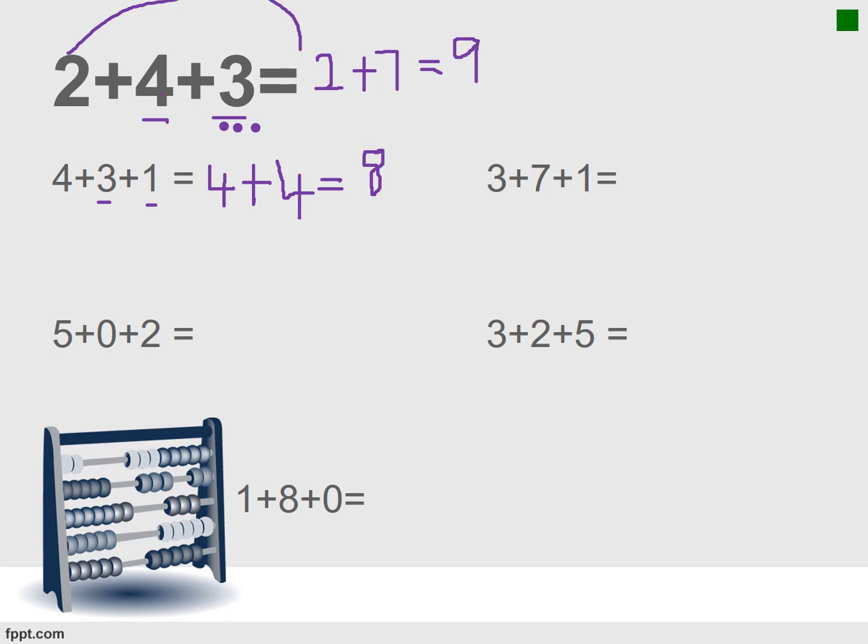Next, what do you write first? You write number 5. Now let's add the last two numbers, 0 and 2. 0 and 2 is 2. So 5 plus 2 is 7.